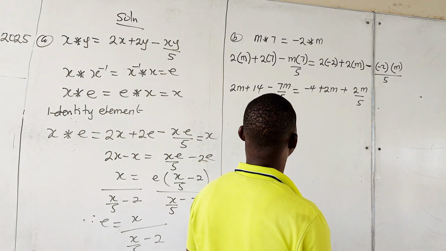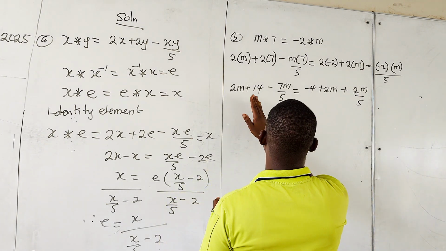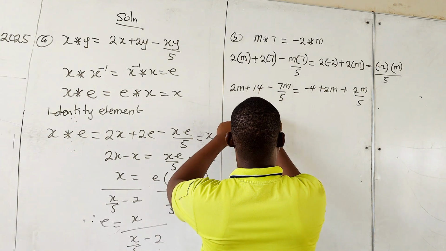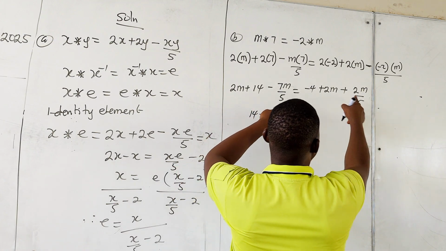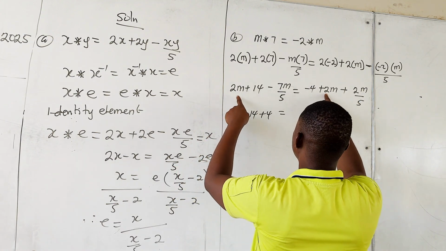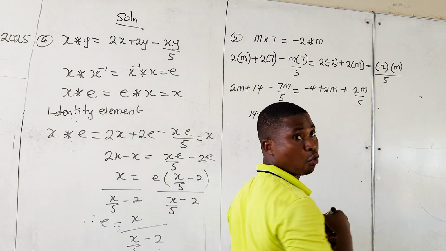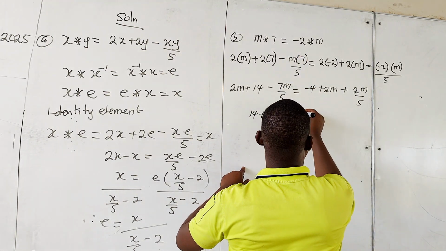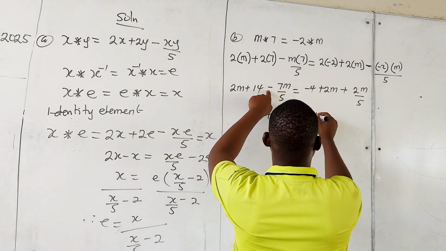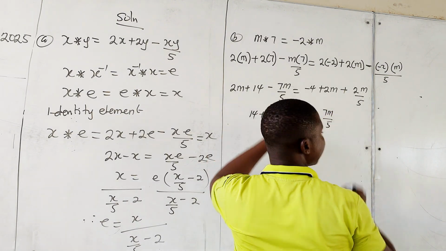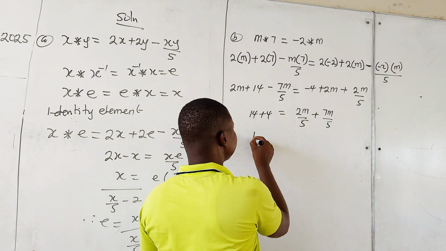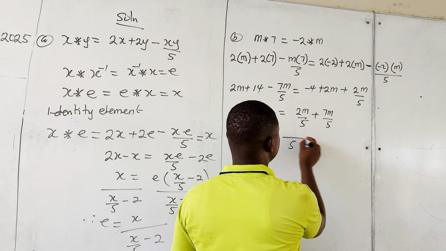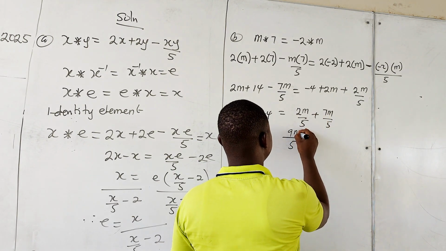So let's group them. 14 plus 4 is equal to, the 2m's will cancel, so we have 2m over 5 plus 7m over 5. This will give us 18 is equal to 9m over 5.